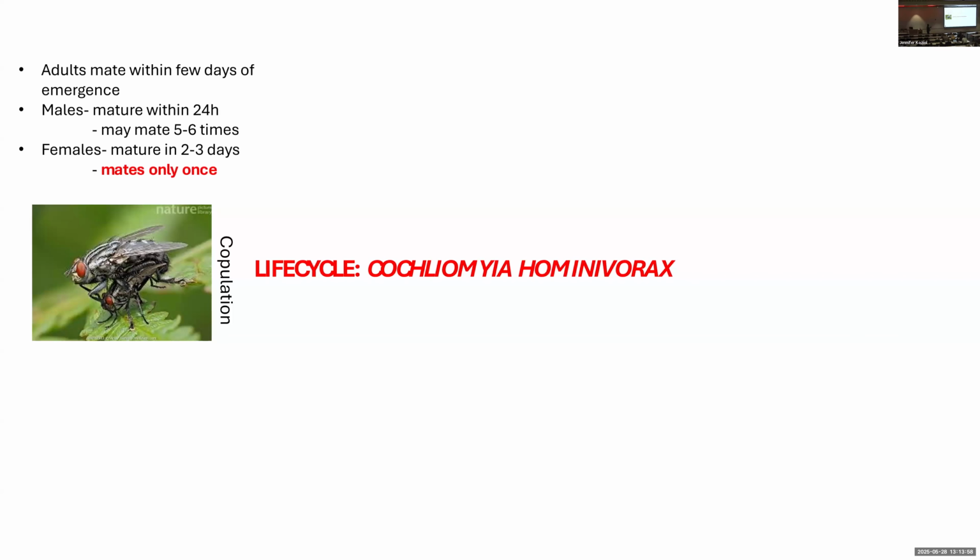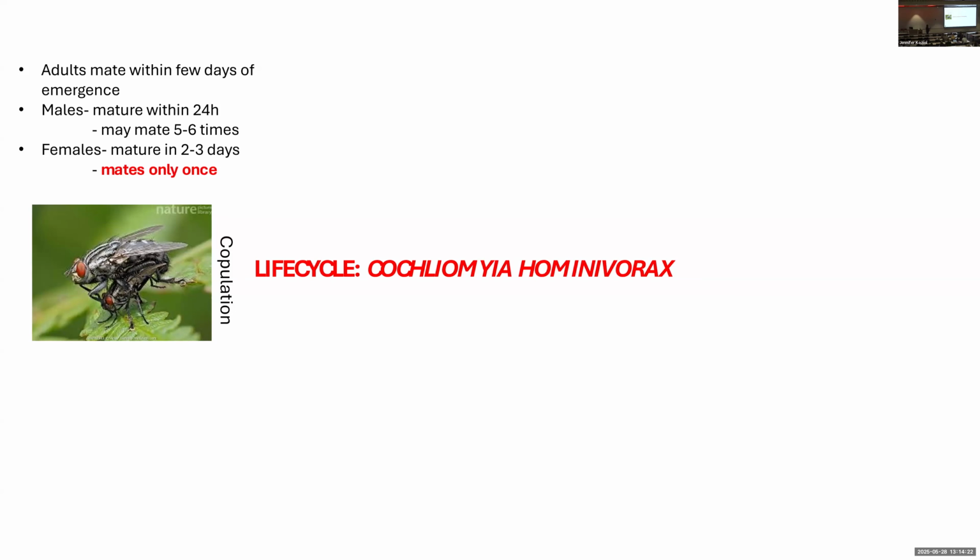I will start this from the point of copulation. So we have two flies, the male and the female, which emerge as we go on. You get to know how they emerge. But once they emerge, the males mature within 24 hours, and they are able to mate 5 to 6 times in their lifetime. Okay? However, the females take a much longer time, about 2 to 3 days, before they mature.